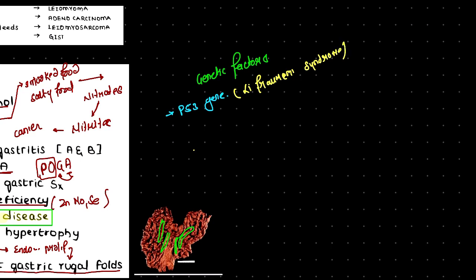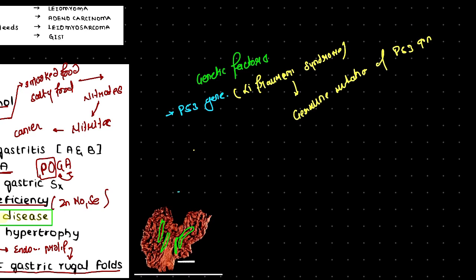So if the person presents to you as Li-Fraumeni syndrome, you will figure out yourself that the person is suffering from loss of activity of the p53 gene, because Li-Fraumeni syndrome is a germline mutation of the p53 gene. It is the same thing.